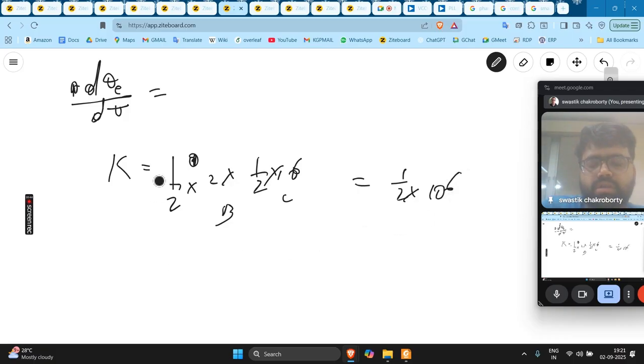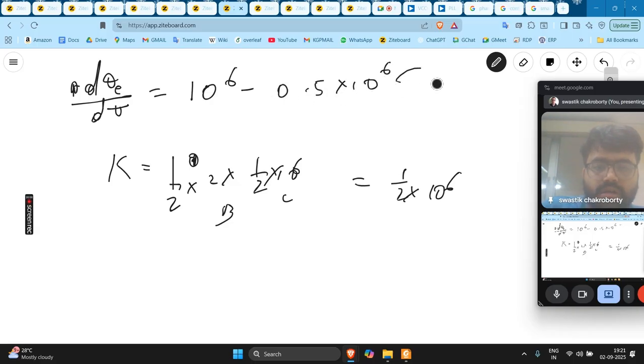So K is half into 10 to the 6, and this is omega naught minus omega c, which is 10 to the 6, so 0.5 into 10 to the 6 into sine theta e.